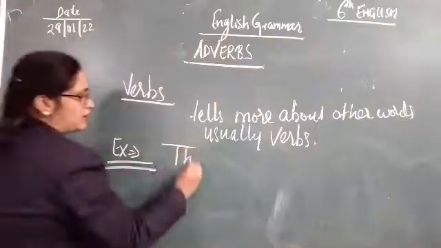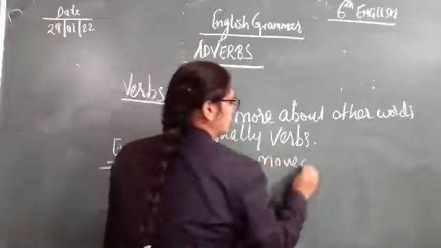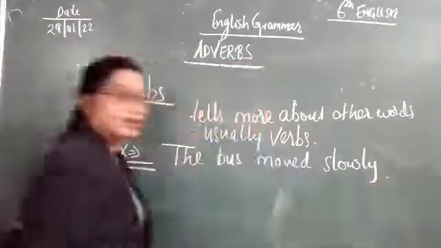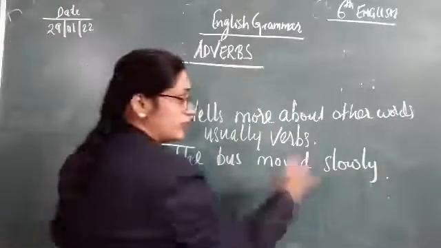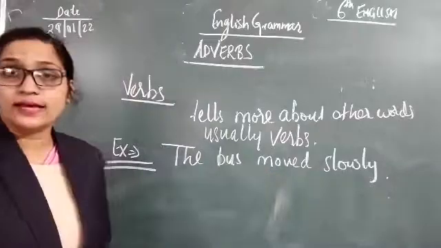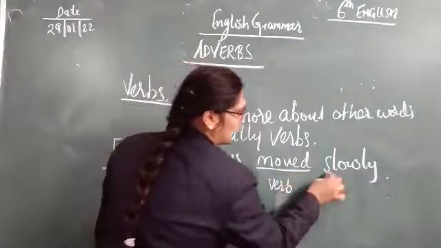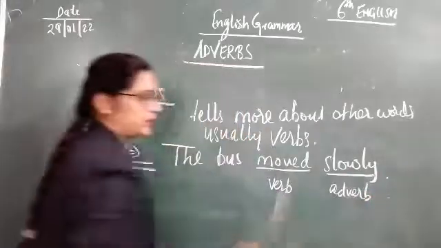The bus moved slowly. Okay, example is: the bus moved slowly. In this sentence, moved is a verb and slowly is an adverb.